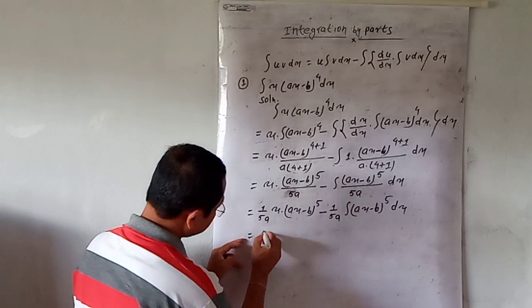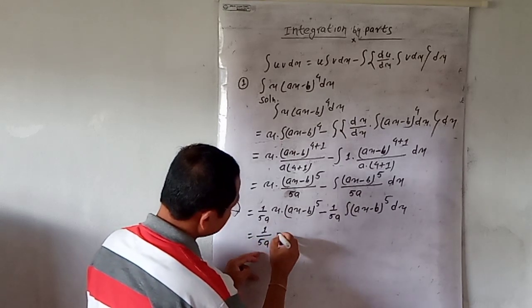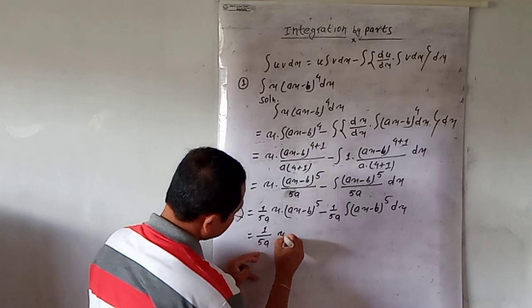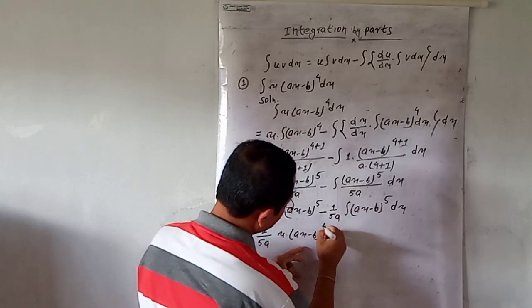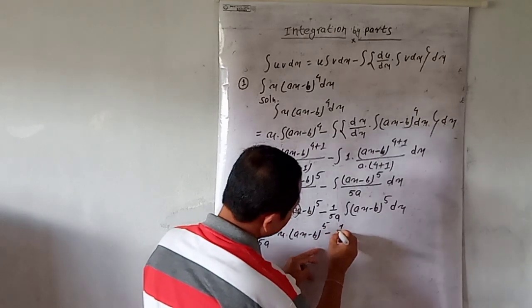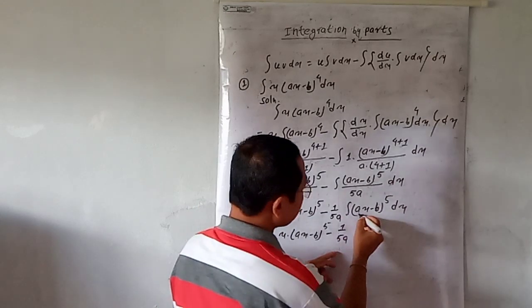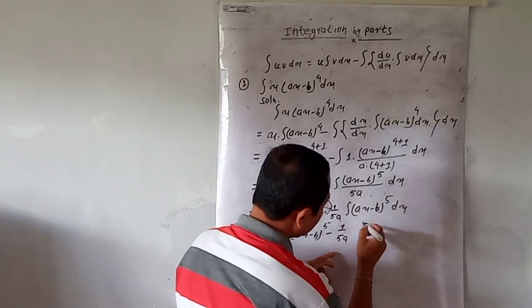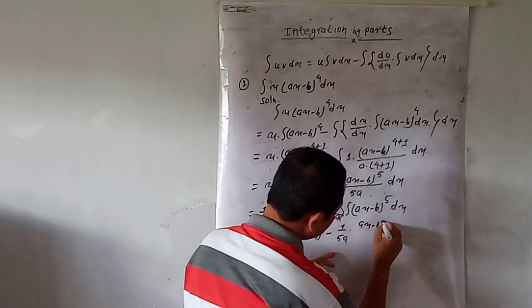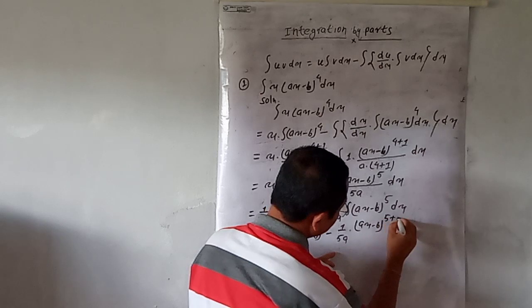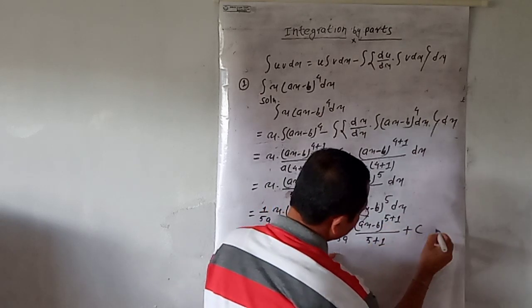In a similar way, 1 by 5a, x into (ax - b)^5, minus 1 by 5a, the integration of (ax - b)^5 means again (ax - b) to the power 5 plus 1, divided by 5 plus 1, plus c.